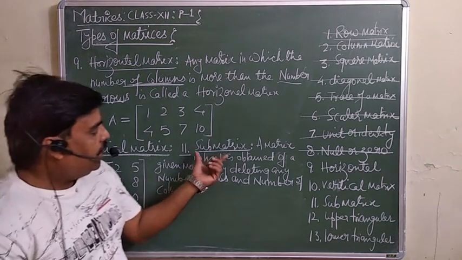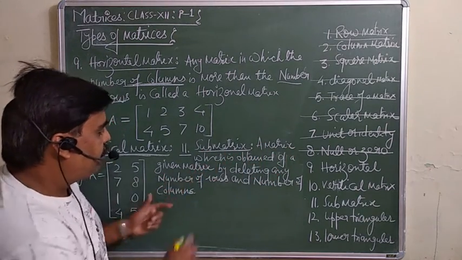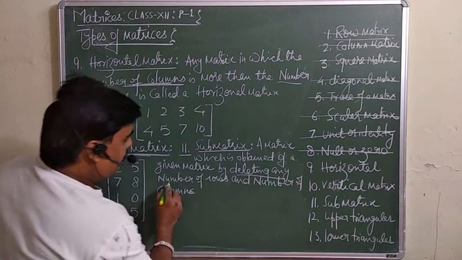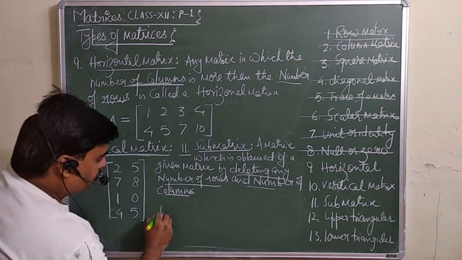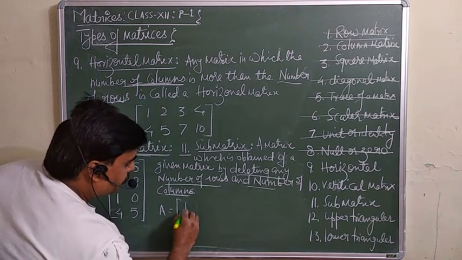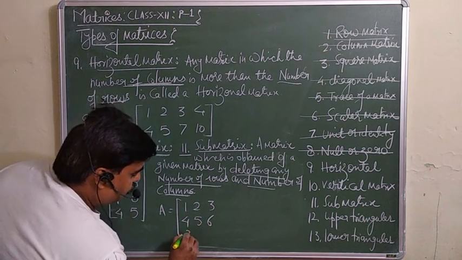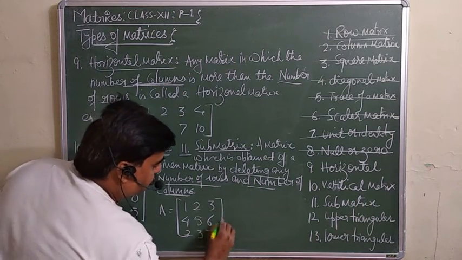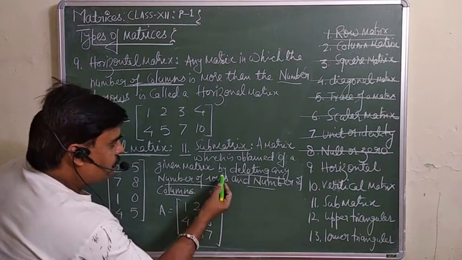If we talk about the submatrix, any matrix obtained from a given matrix by deleting any number of rows and columns is a submatrix. For instance, suppose this is your given matrix: 1, 2, 3, 4, 5, 6, and let us suppose 2, 3, 7. The submatrix is obtained by deleting any row and any column.